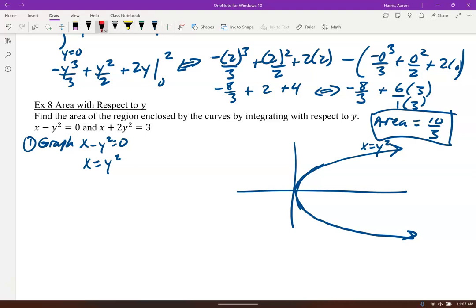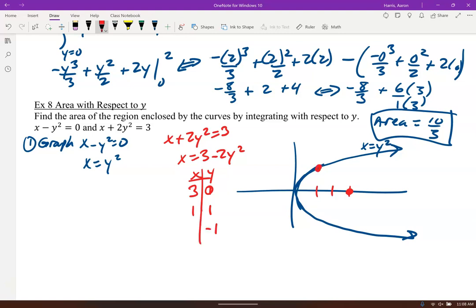All right, let's do this next one here. x plus 2y squared equals 3, or x equals 3 minus 2y squared. And maybe you want to plot some points if you want to take a look at that. If y is 0, I'll start with that. If my y value is 1, I got 3 minus 2 times 1 squared, so I got a 1 here.